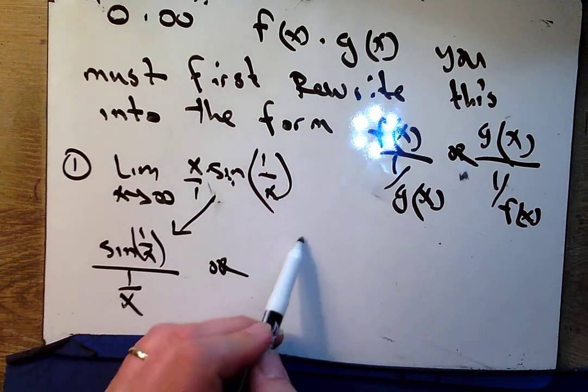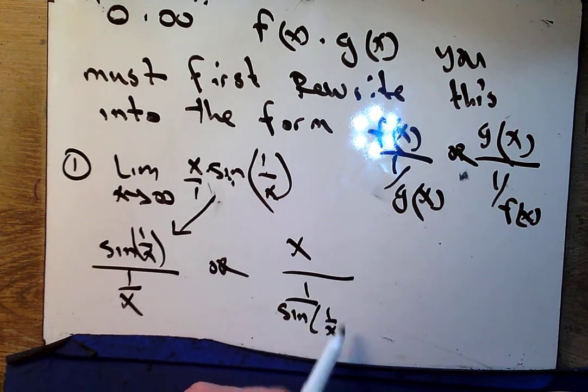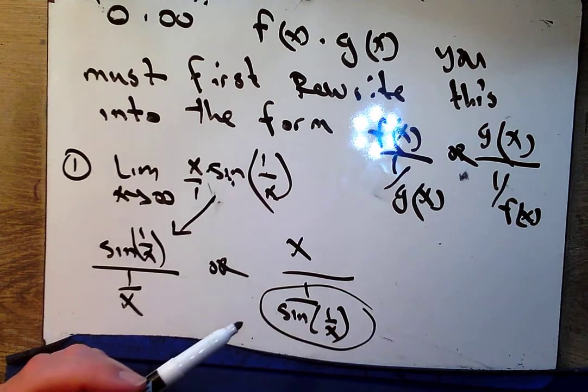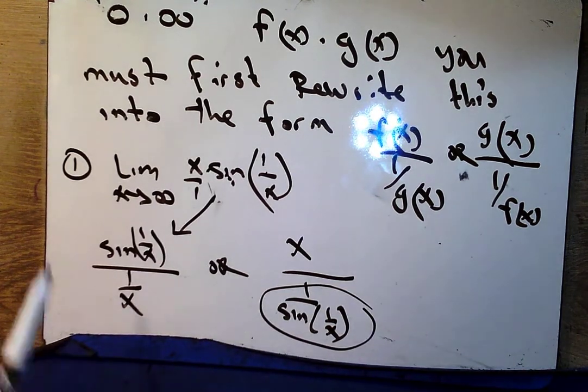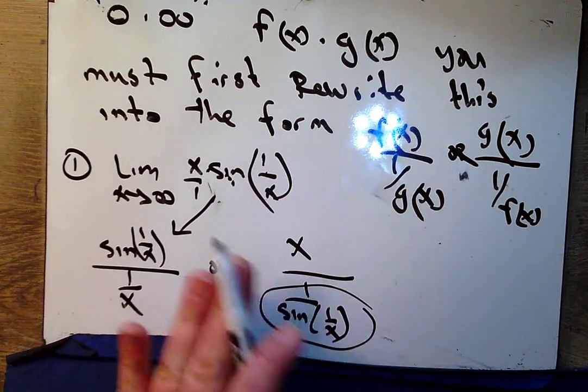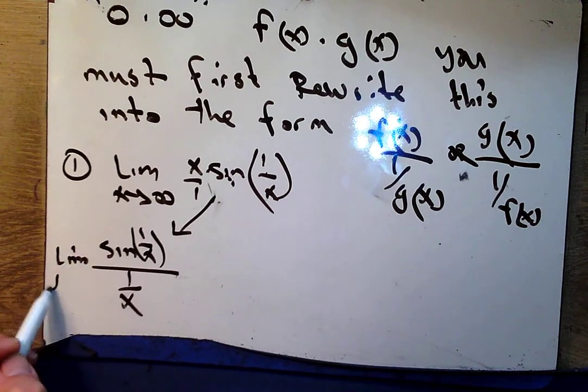Or we can have x over 1 over sine of 1 over x. Frankly, this looks a lot harder to try and take the derivative of than that. So, yeah, no, I don't want to do that one. And I'm going to just rewrite in this manner.